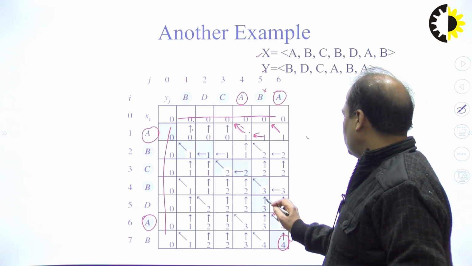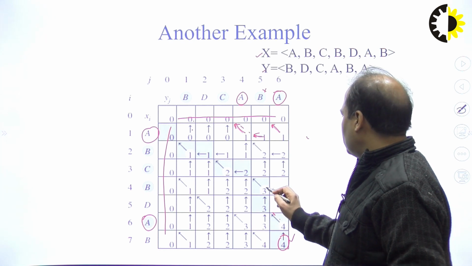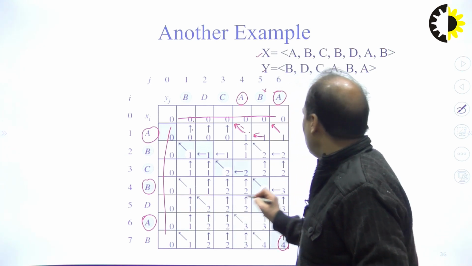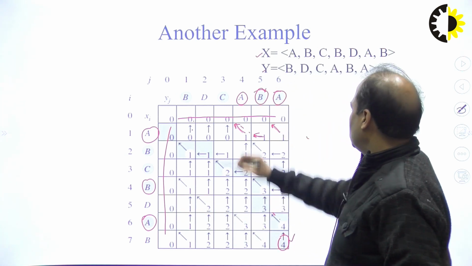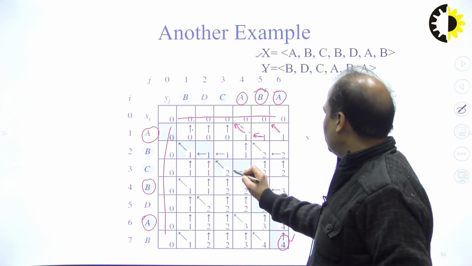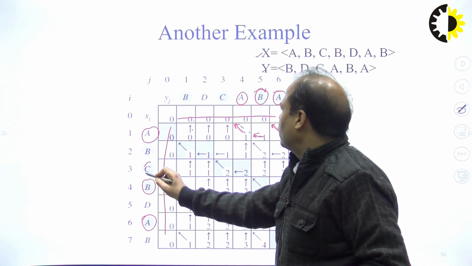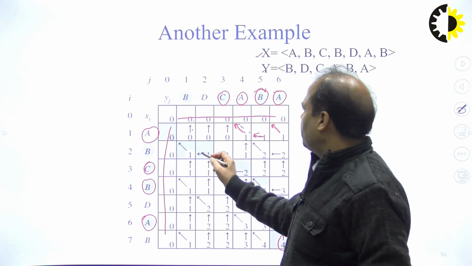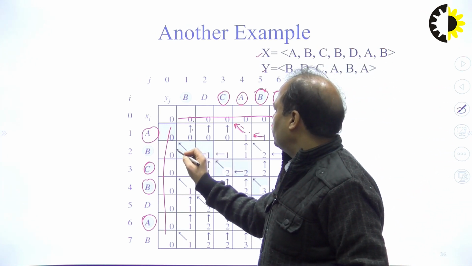Same thing here, go here, no, it is not going to be. If you come here, row and then column, this is going to be LCS. Go here, horizontal, it is not. So we have to go like this. This is part of the LCS. Come now here. This is not going to be part.